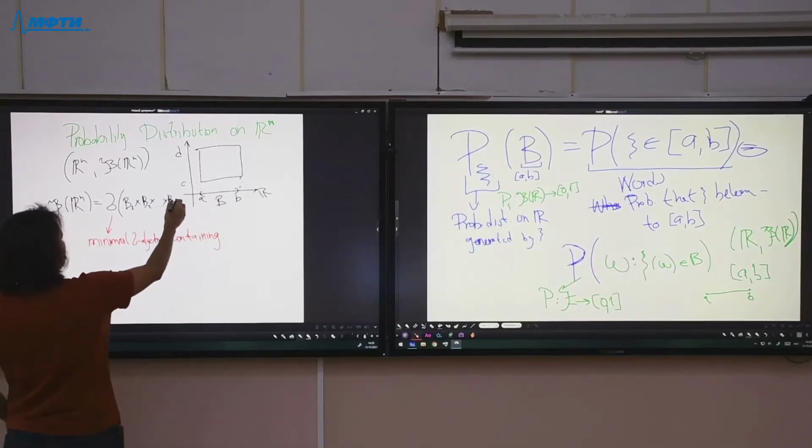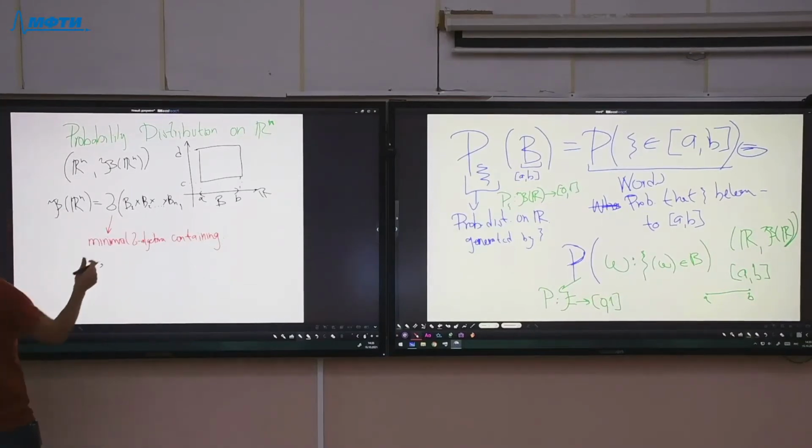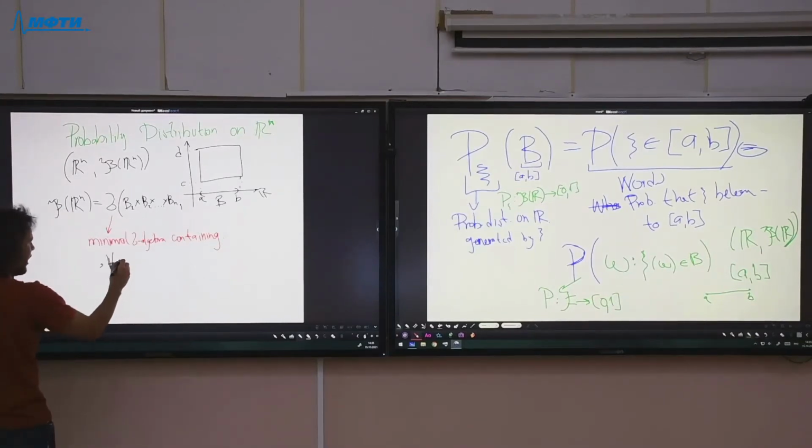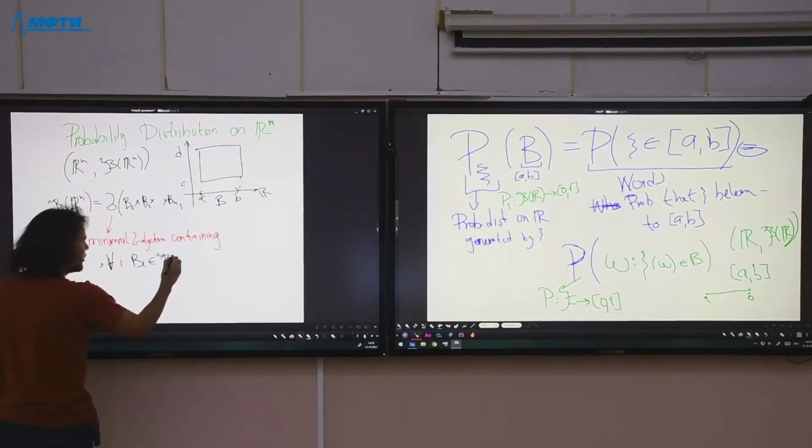Okay, and for every i, Bi belongs to the Borel sigma algebra on R.